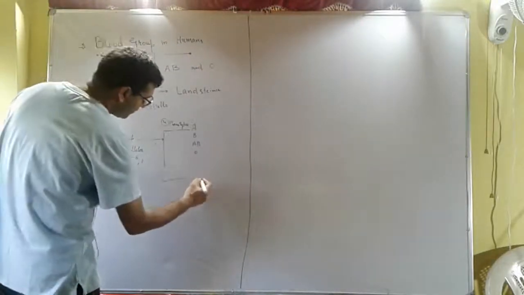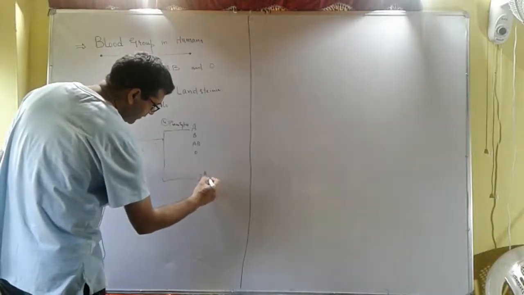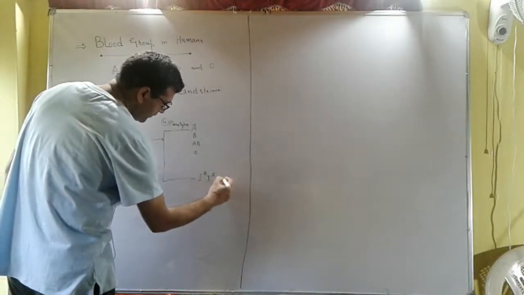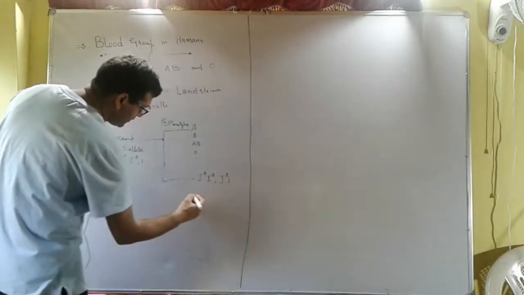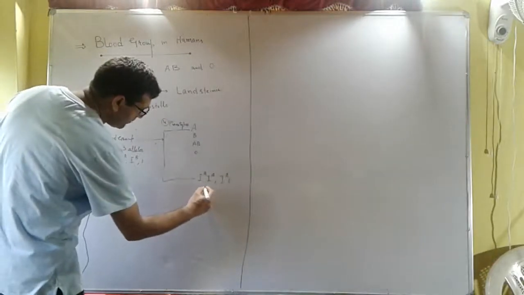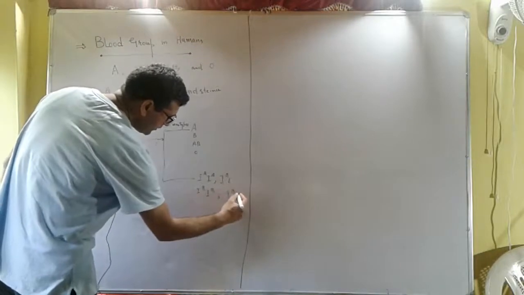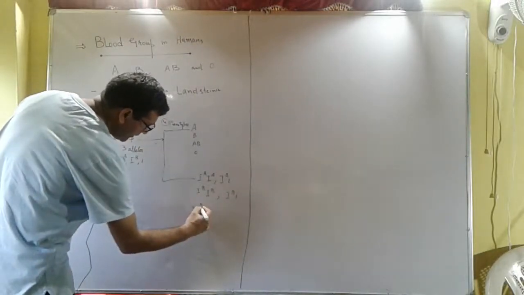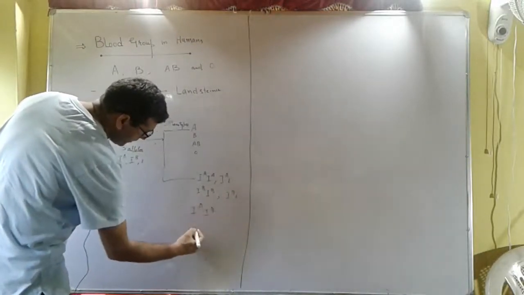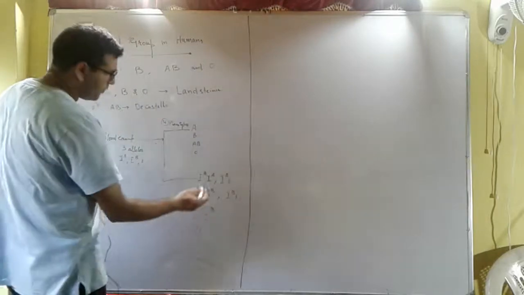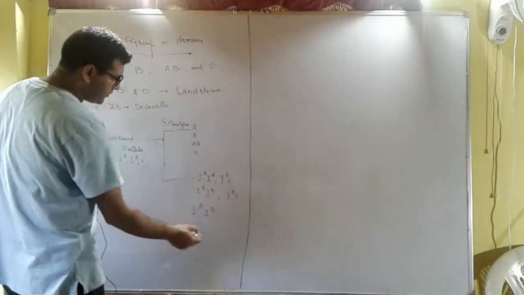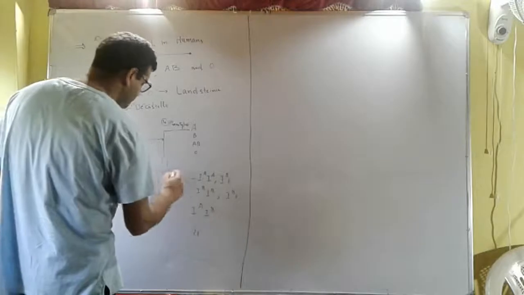Six genotypes should be formed: IA IA, IA small i, IB IB, IB small i, IA IB, and small i small i. So we have 1, 2, 3, 4, 5, 6 genotypes.